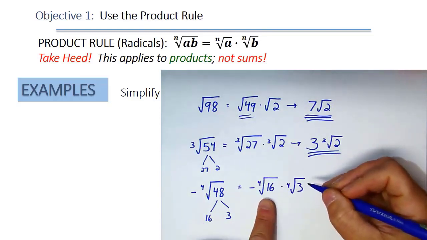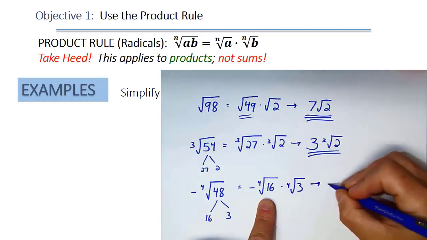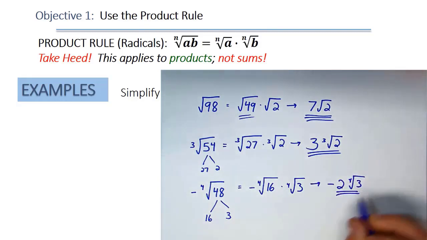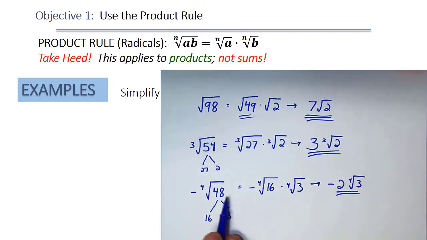But we know the 4th root of 16 is 2, and so we would call this negative 2 times the 4th root of 3. Now you might say, well, 16 is kind of a hard 4th root to spot. You're right, and we're going to look at another way to figure out how that simplifies in just a minute.